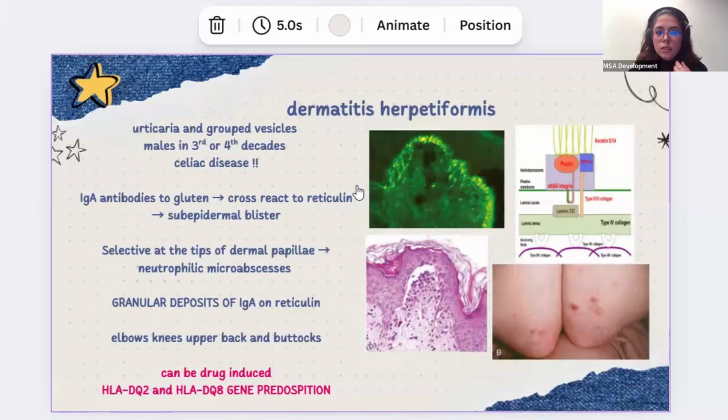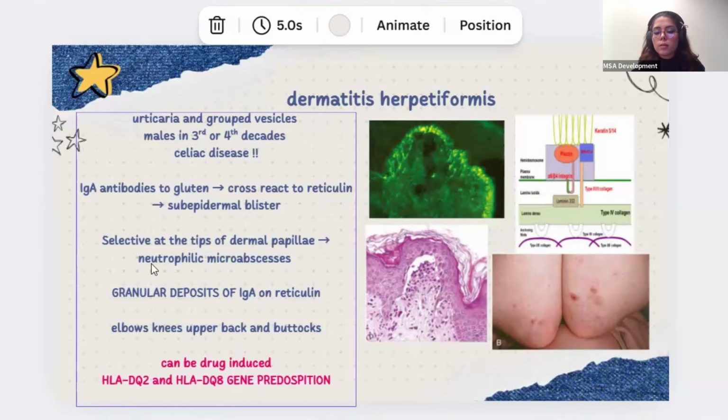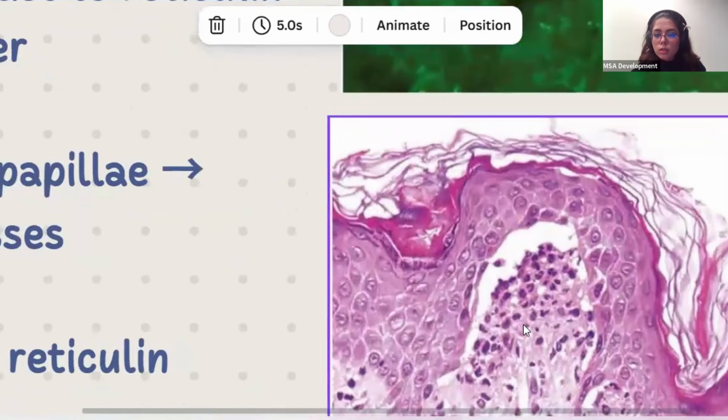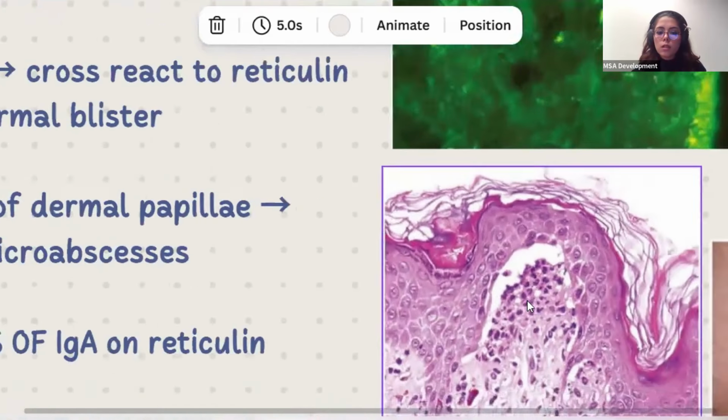It can be drug induced, but there is a gene predisposition, HLA-DQ2 and HLA-DQ8. Selectively at the tips of the dermal papillae, there are neutrophilic microabscesses. You can see the neutrophils here.